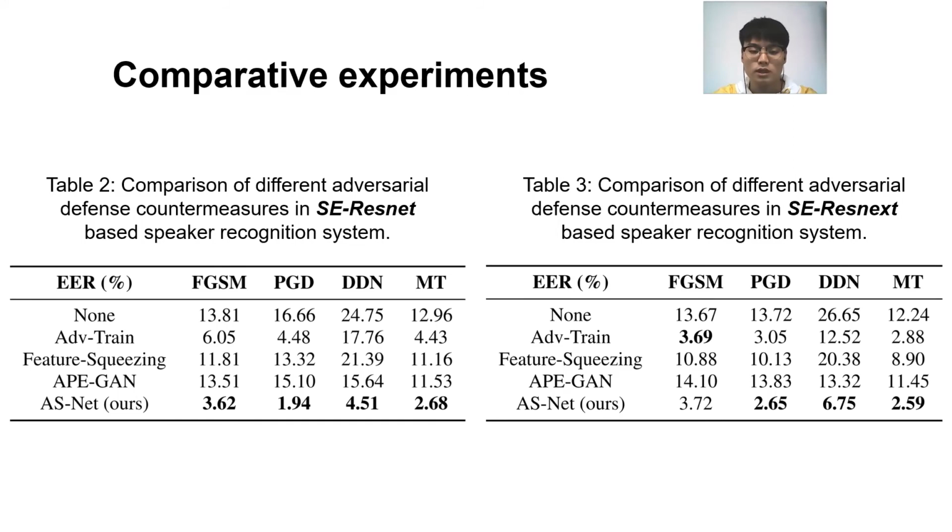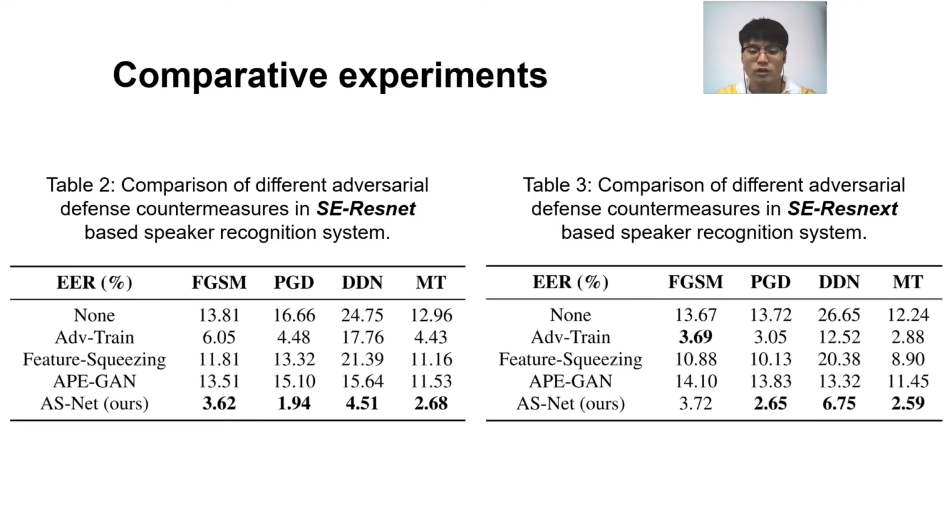The main reason is that ASNet adds a supervision mechanism for recognition results, which greatly improves the quality of the embeddings generated by DNN.